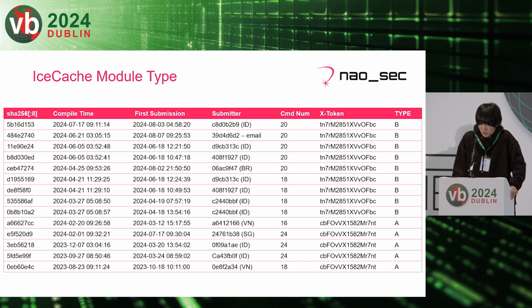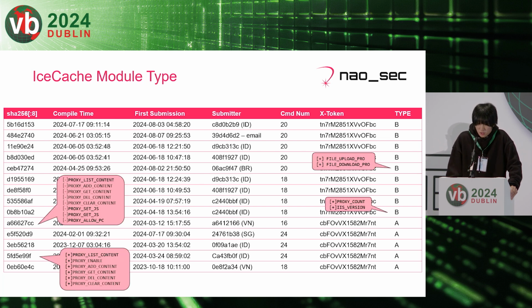Most of the submitters are from India, which matches the victim information we have gathered from open directory data. The number of commands has changed over time. It shows that the malware developers have made improvements while continuing their intrusion operation.